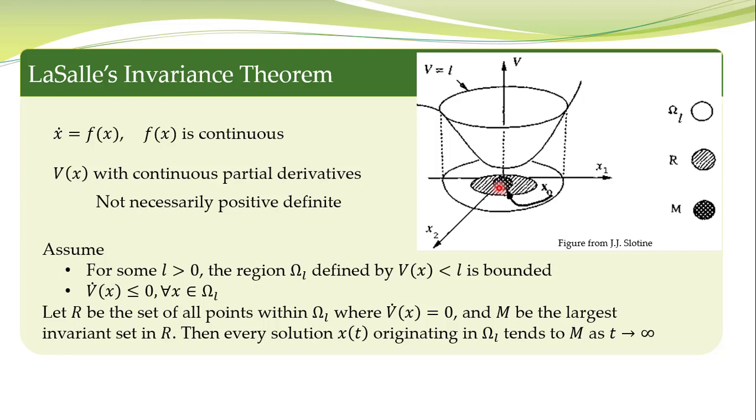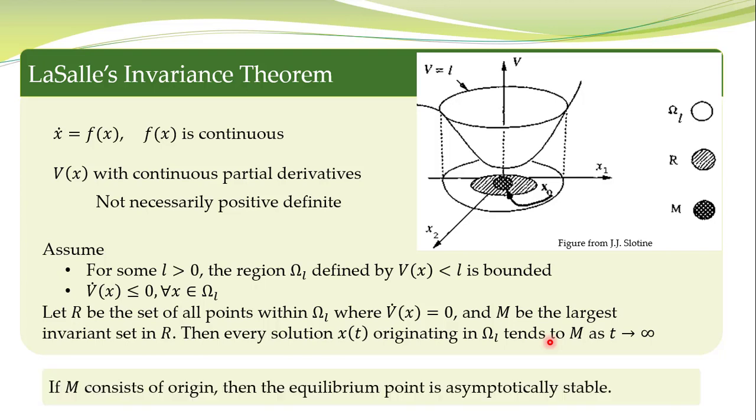And what will be the case if the invariant set consists of a single point, that is the origin? This theorem states that the trajectories will converge to the invariant set, and if the invariant set is only the origin, then the equilibrium point will be asymptotically stable.